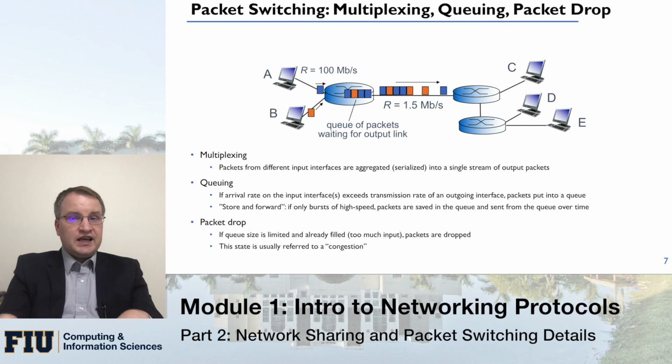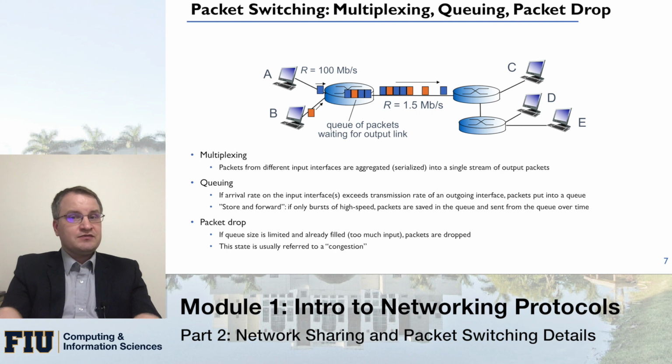In that case, there's no queuing of any kind. You receive a packet, you put it on the outgoing interface. You receive two packets from both interfaces at the same time, you can put both on the outgoing interface at the same time, so no problem at all.